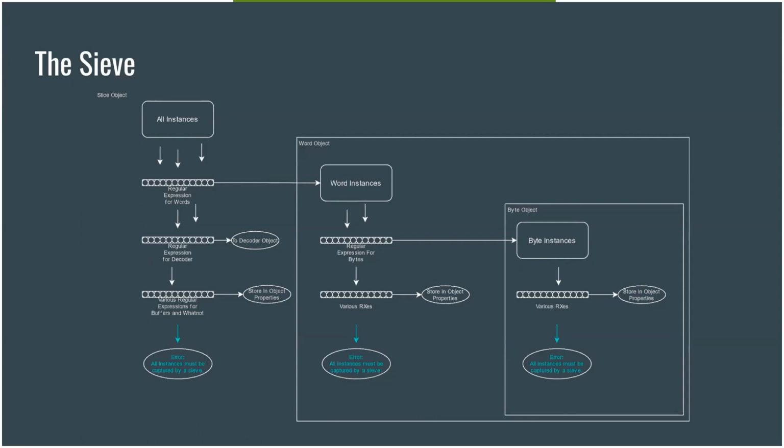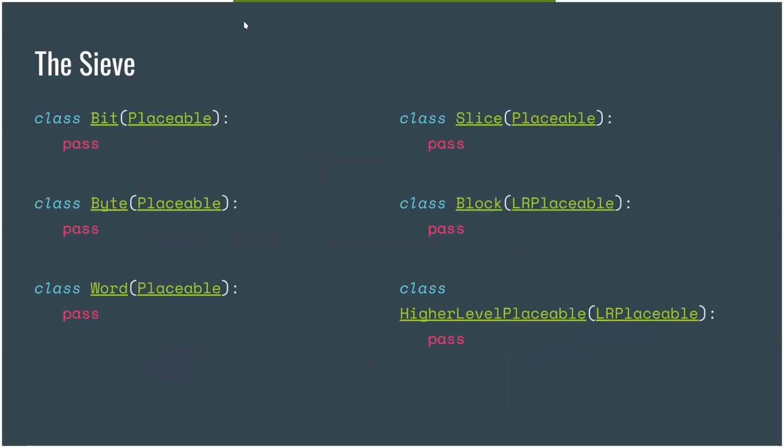Now we have all of the data in data structures that we can use. Very simple data structures such as bit, byte, word, slice, and block. And then you can type bit.buffers or bit.storage elements, and then you just get the cells that you require.